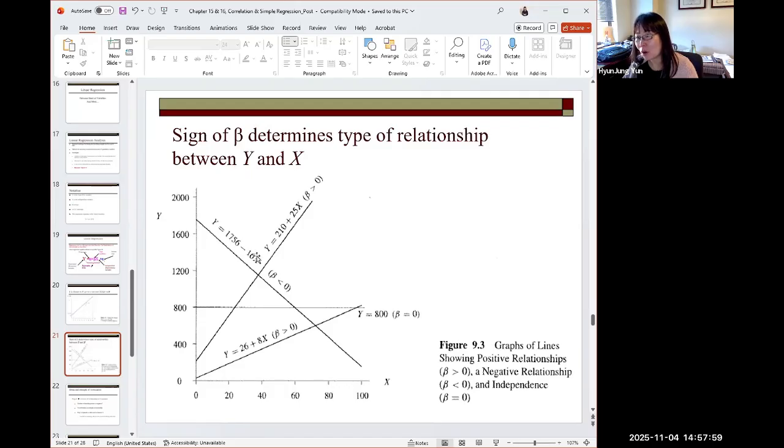And then the signs of the slope: negative here, negative 16, positive 25, positive 8. And you just see some degrees, right?